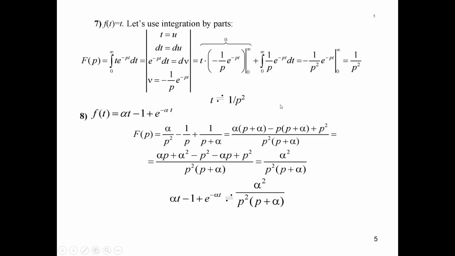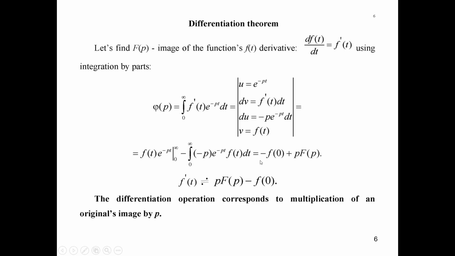So we can write down that the integral from this part will be equal to f from p, and it should be multiplied by minus, and minus will give us plus, multiplied by this coefficient p. So we've got such an expression.